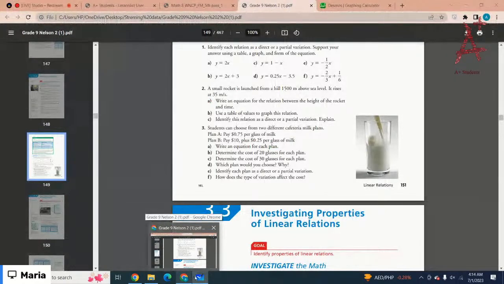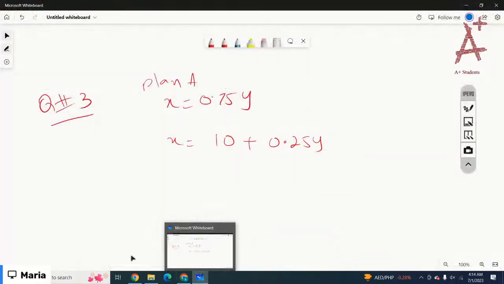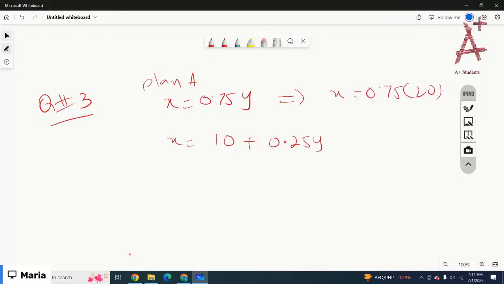Now, determine the cost of 20 glasses. Just use 20 glasses. So it would be y equals 0.75 times 20. That equals $15. Then here you have 10 plus 0.25 times 20. So it would be $15. You can see for both the values are exactly the same.